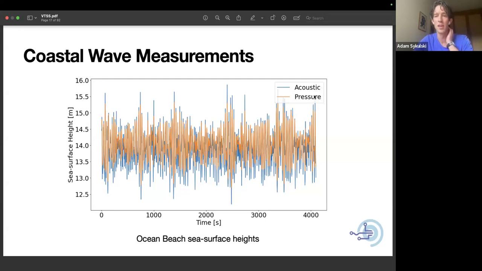These are of interest because the pressure sensors are much cheaper to collect, but there are some issues with them. The acoustic ones are more like the truth, but they're expensive to compute, and that gives a real practical reason to explore the relationships between these 2 types of sensors, the 2 different sensors measuring the same thing.